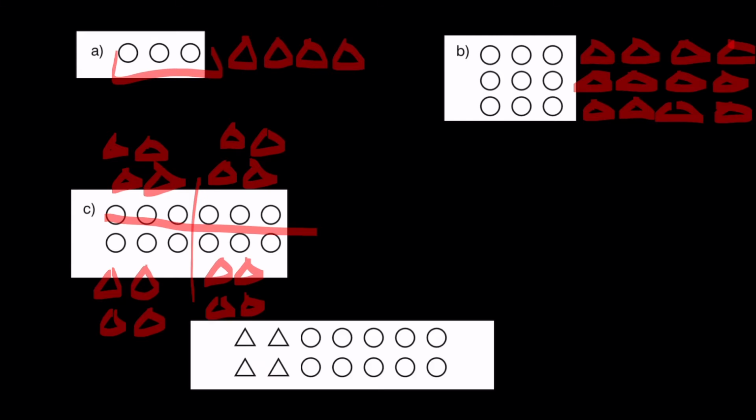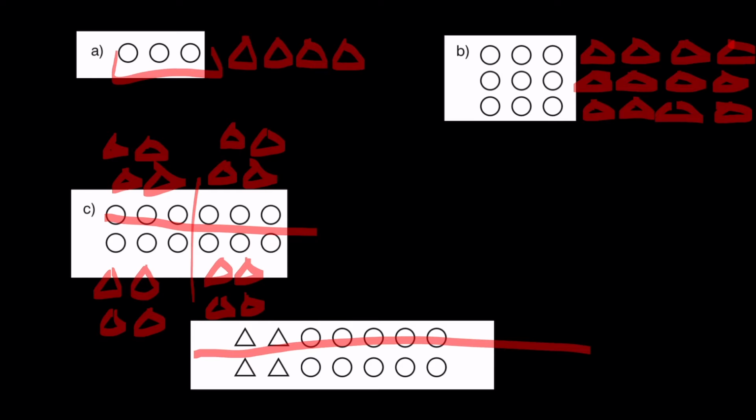Now looking at this last problem, how many triangles are there for every so many circles? I'm hoping you saw there are 5 circles, so for every 5 circles, I have 2 triangles.